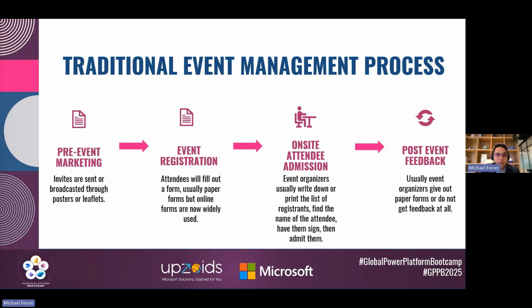At first you have pre-event marketing, right? You need to send out invites or broadcast that an event will happen in this office or about this topic, and who are going to be the speakers as well, and all the information like venue, time, and date, and so on.